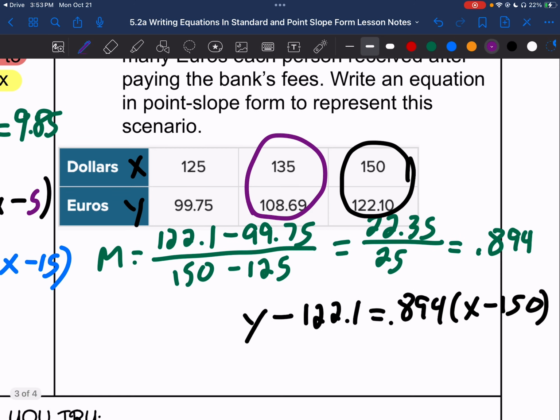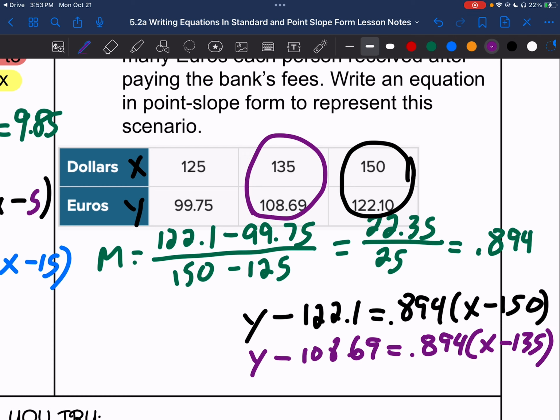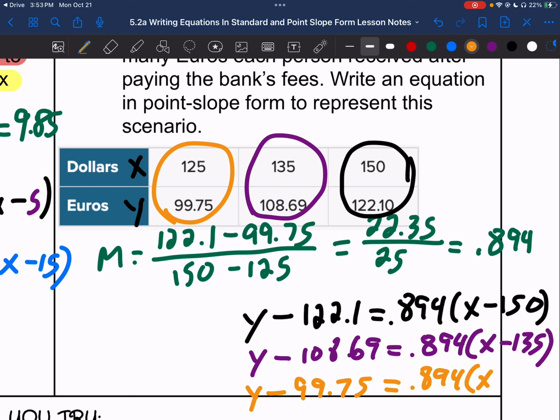The second one you could write is y minus 108.69 is equal to 0.894 times the quantity x minus 135. There's the third way you could write it: y minus 99.75 is equal to 0.894 times the quantity x minus 125.